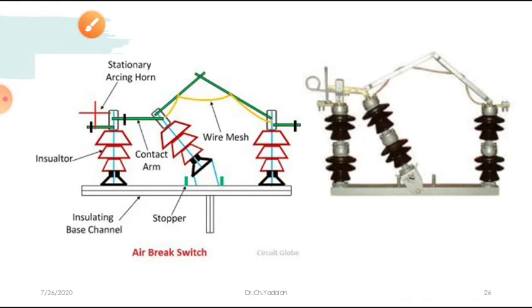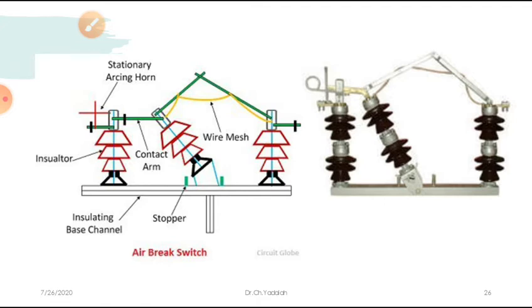This is the diagram, and this is a physical figure generally used in our medium voltage substations. I think you have some idea how it is operated, how the arc is raised, and how the arc is nullified. Once again I am going to explain.